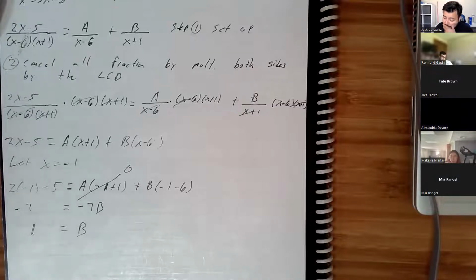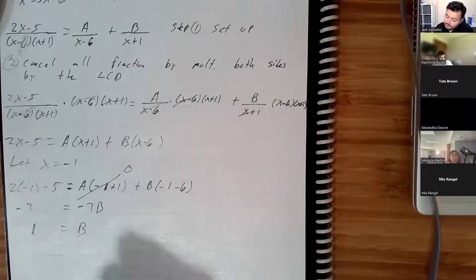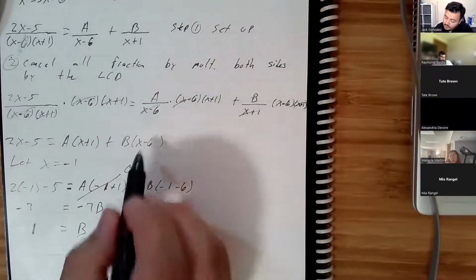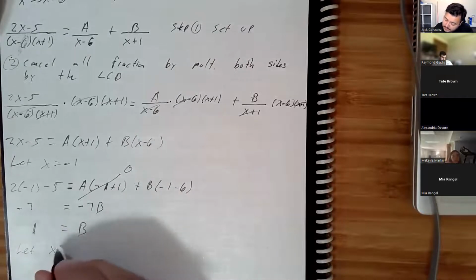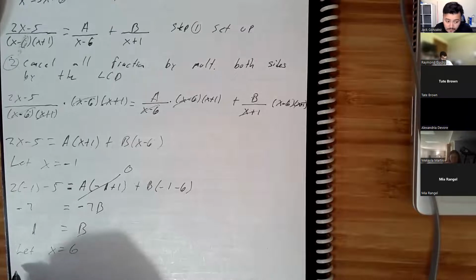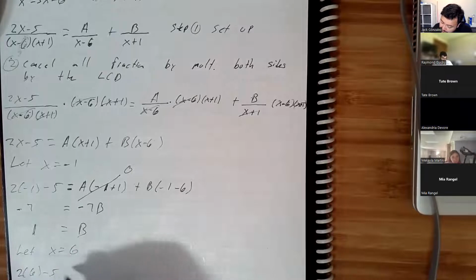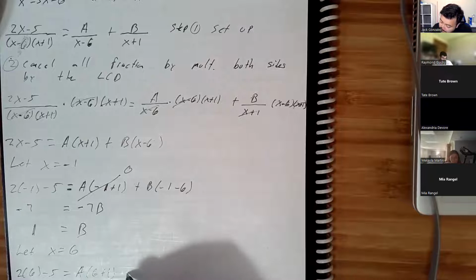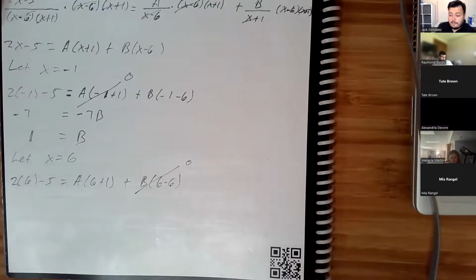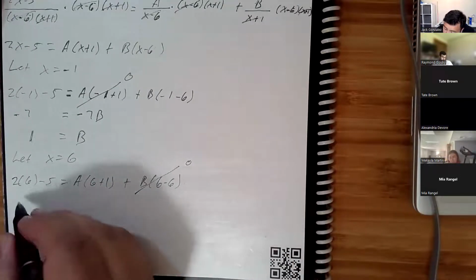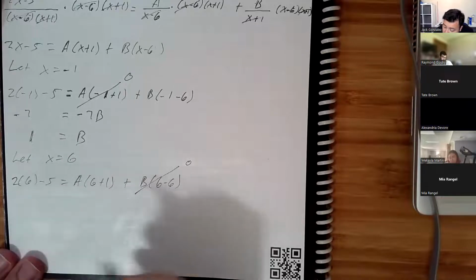Okay. Do the same thing for x minus 6. Let x equal 6. So we're going to get 2 times 6 minus 5 equal to a times 6 plus 1 plus b times 6 minus 6. That goes to 0. So that'll be 12 minus 5.